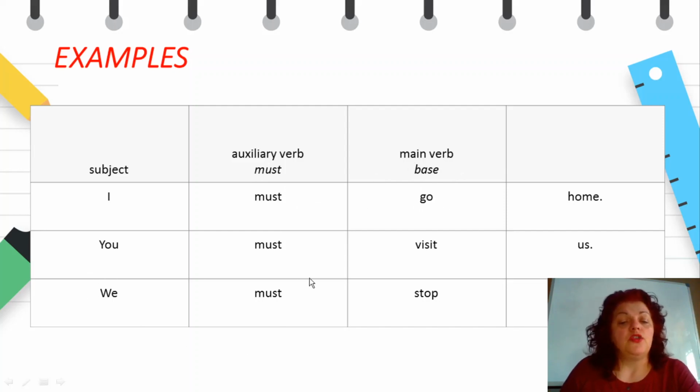You must visit us. You as a subject, must auxiliary verb, visit main verb and us. We must stop now. Subject we, must auxiliary verb, main verb stop and now.